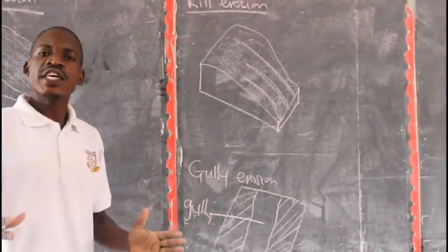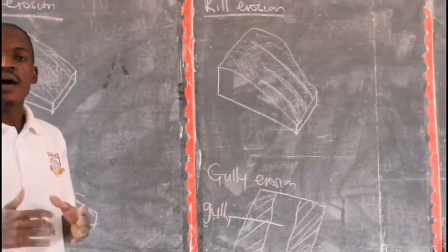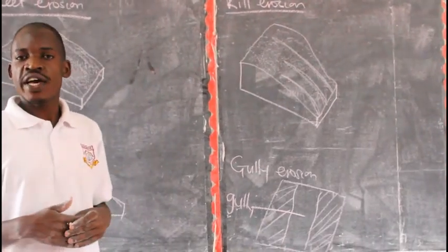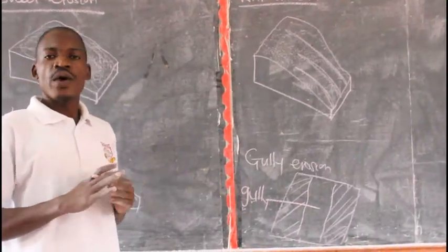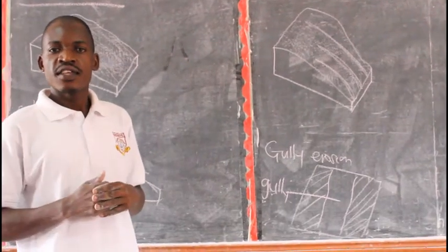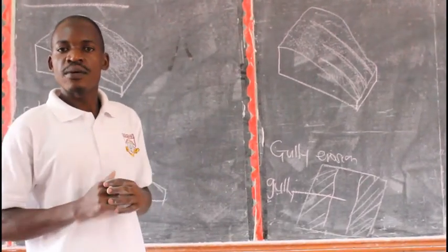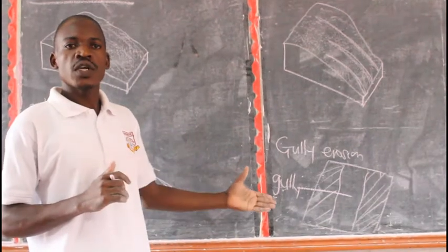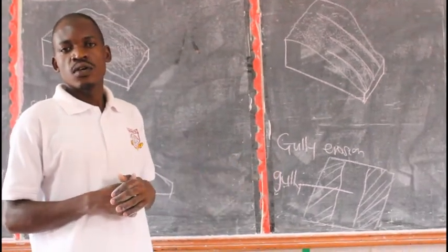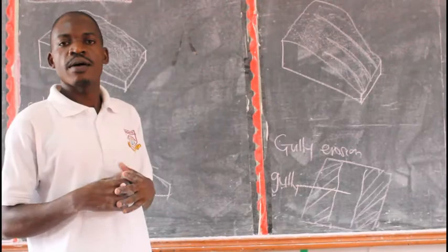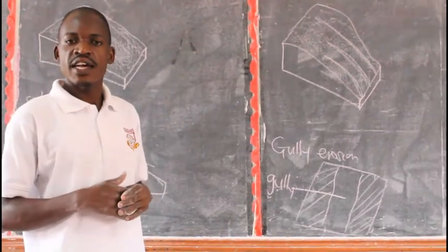Gullies are wide, deep channels made by rain or by flowing water. We have ever seen this when rain has destroyed the roads and people's compounds. It's found on the steep slopes of the mountains or any hilly area.